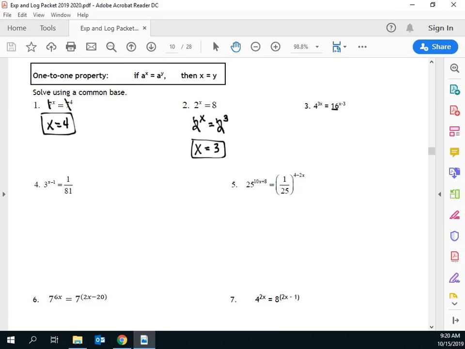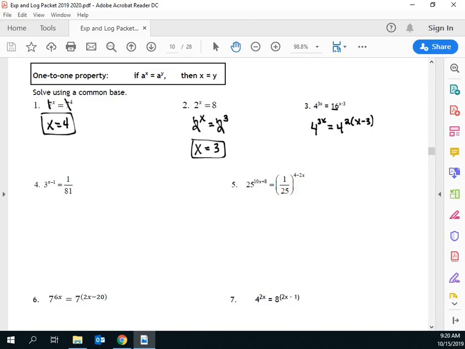How many times do I have to multiply 4 times itself to get 16? 2. So I'm going to rewrite this problem: 4 raised to the 2. And be careful. After you rewrite 16 as 4 squared, make sure you use parentheses, because you've got to note that it's being squared.